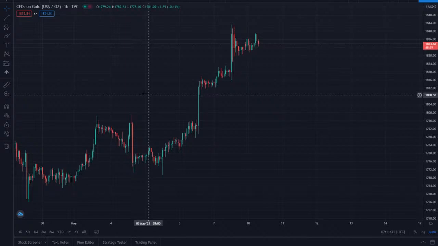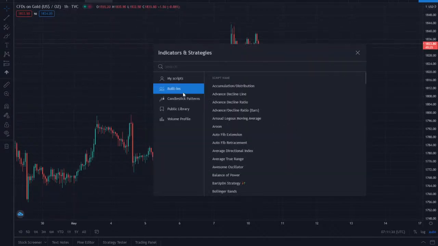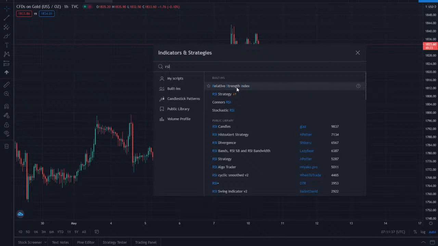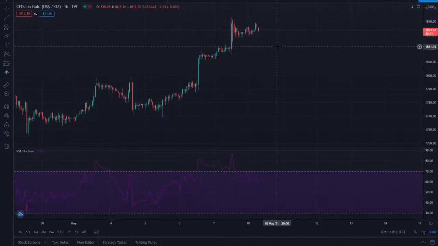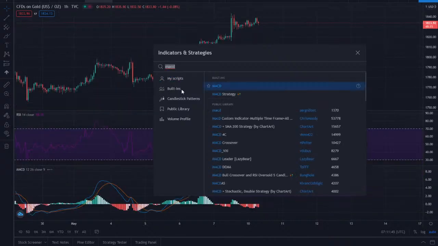So let's take a look at gold. Now let's check the RSI. I'm currently looking on the 1 hour chart. Let's add the MACD as well.